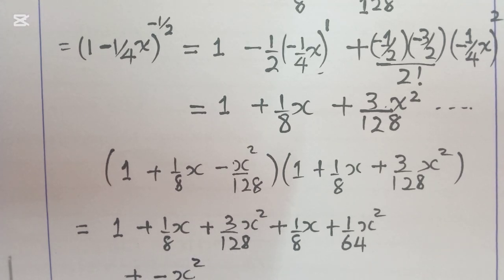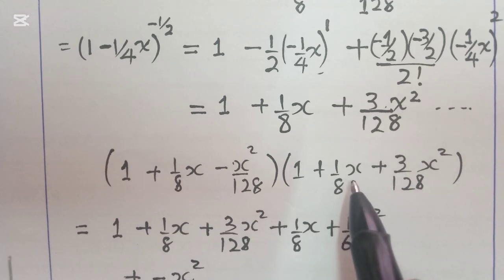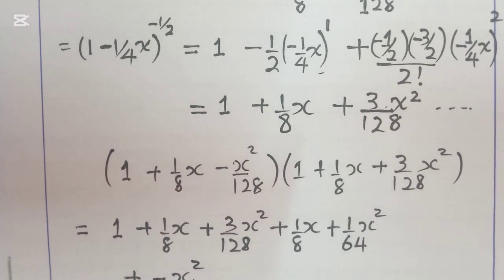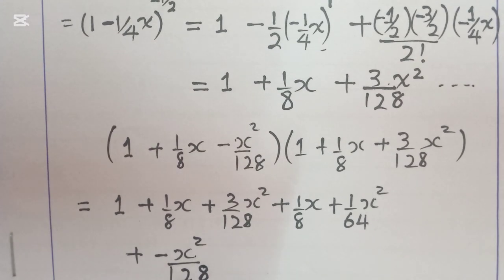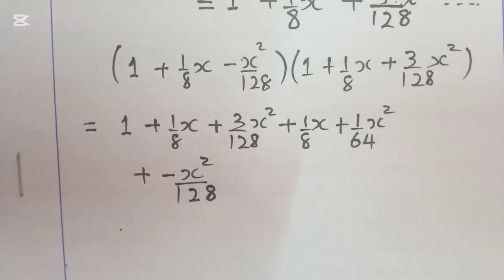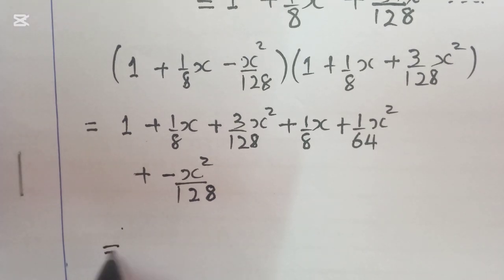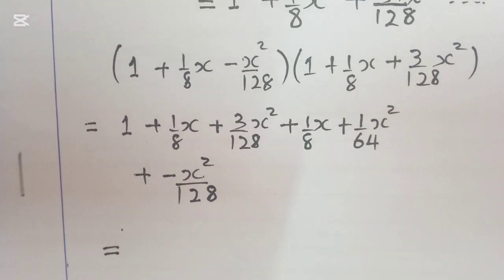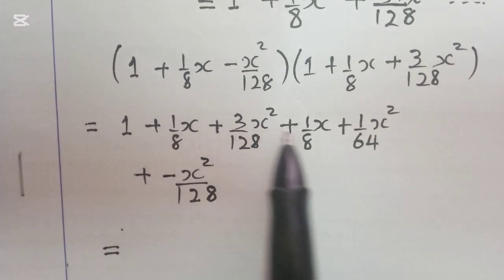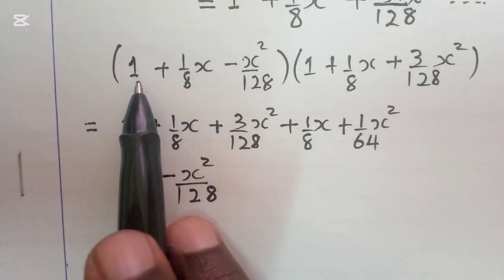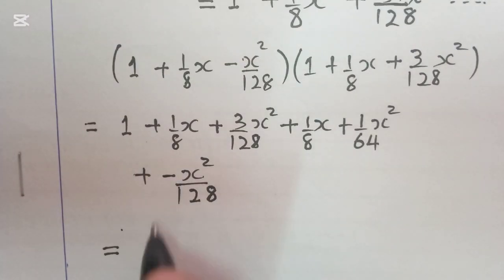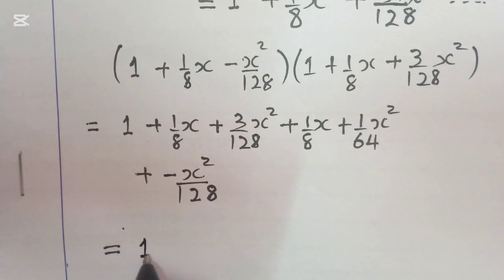And now we will not go ahead, because now we will find x cubed. So guys, we are now supposed to do that. In doing that, we shall have to add the like terms. For the like terms, here we have one already, that is okay.